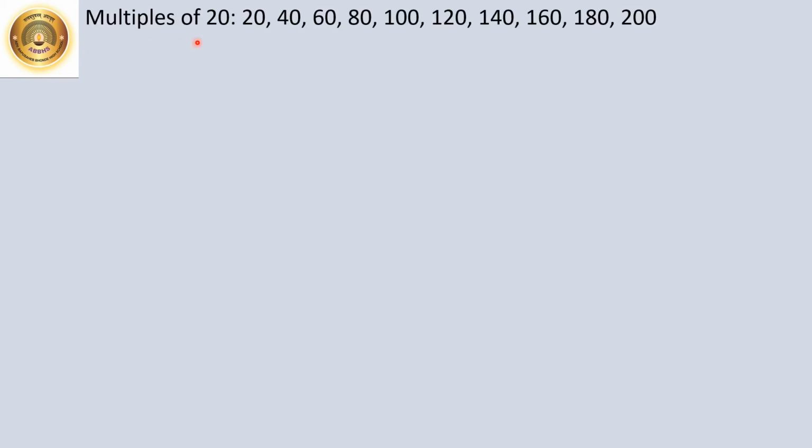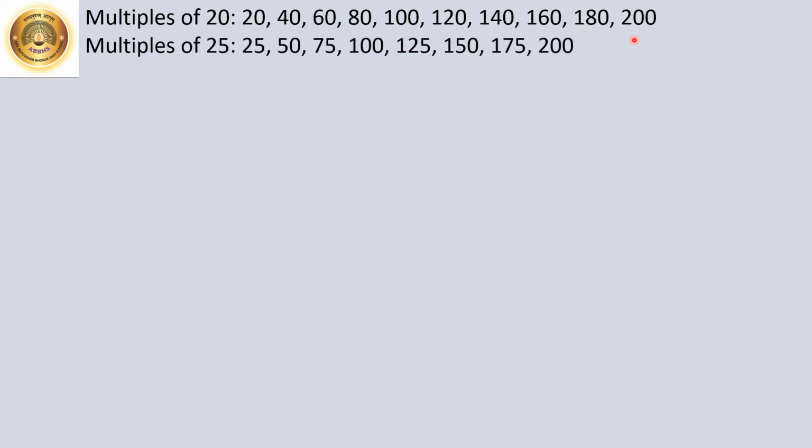Write multiples of 20: 20, 40, 60, 80, 100, 120, 140, 160, 180, 200. Write multiples of 25: 25, 50, 75, 100, 125, 150, 175, 200. Now find out common multiples.